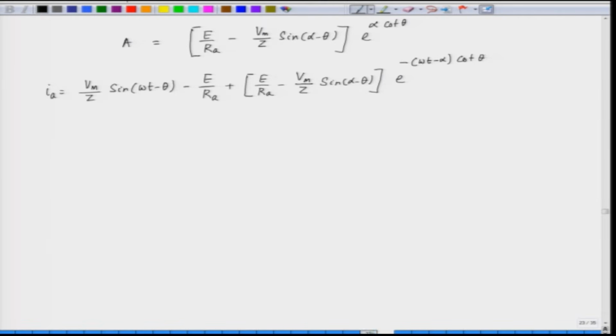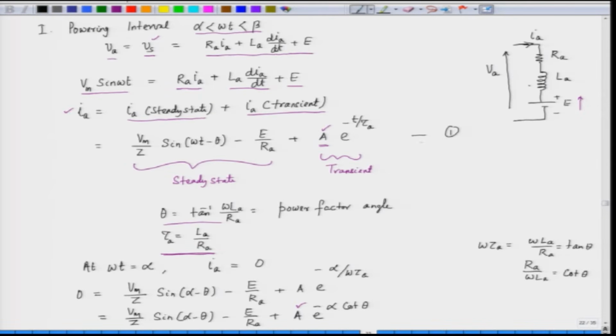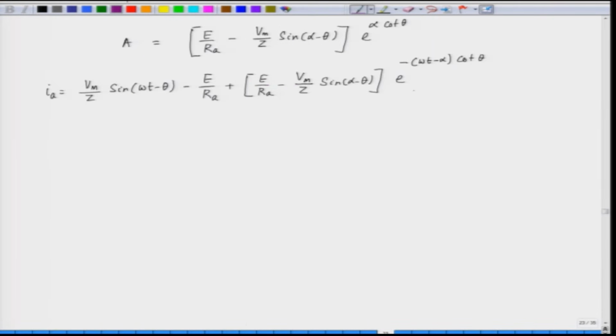So, when we substitute this value of A in equation number 1, we get this equation.